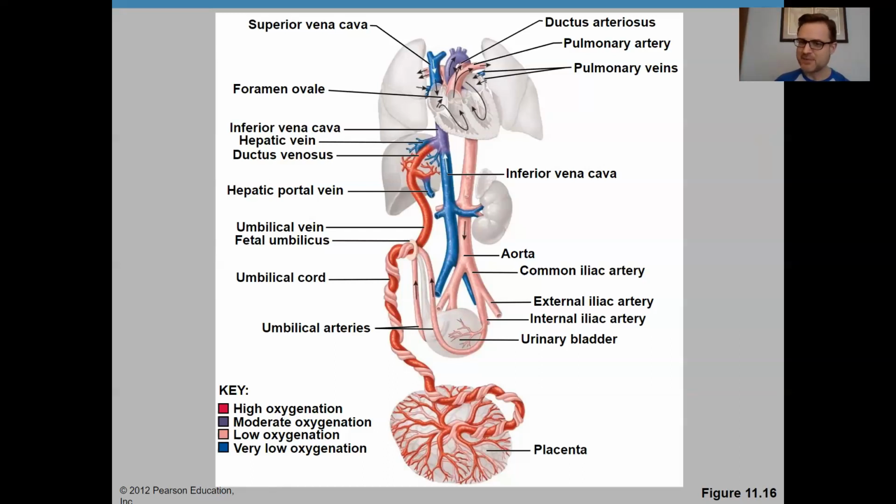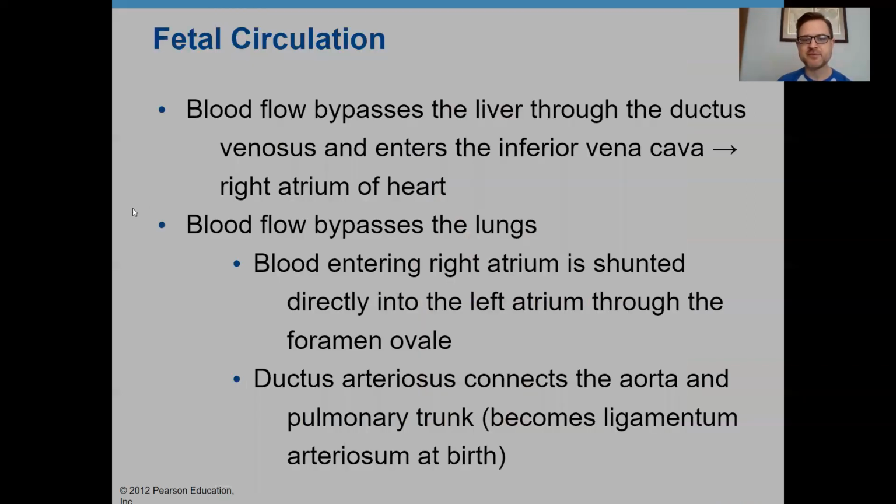But you don't want it to happen yet until you're actually breathing on your own. So this ductus venosus right here is again like a bypass shunt that takes the blood directly into the vena cava and doesn't go through the liver. That's this first point. The blood bypasses the liver, it goes to the vena cava, then to the right atrium.